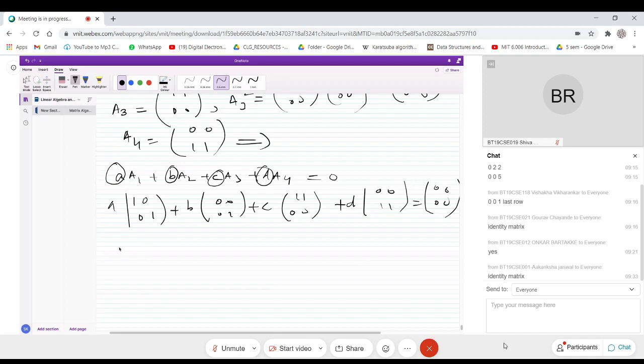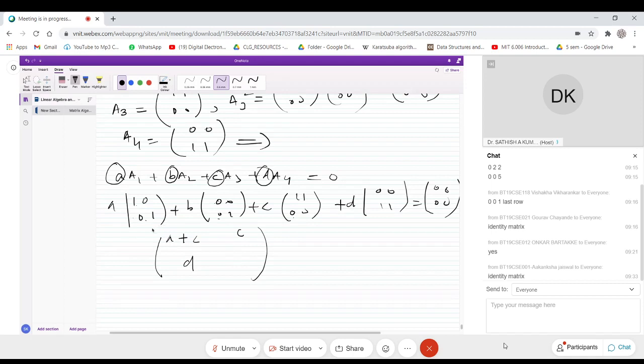Okay, great. Now you can add these things. So you have A and then 0 and then C and 0. So the first entry you will get is A plus C. And the second entry, this is 0 0, and this is C, so you'll get only C here. And then you'll get 0 0 0 D, so you'll get D here.